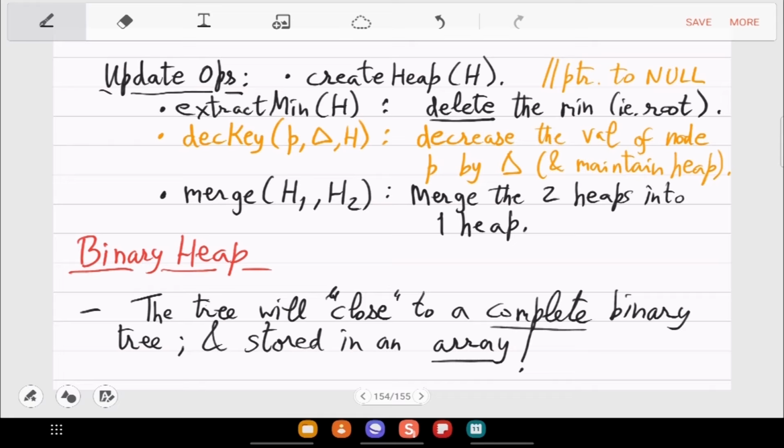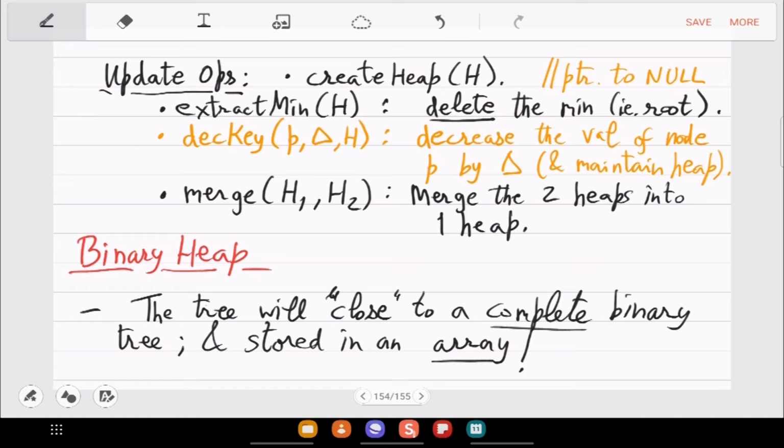So what we want to implement in this DS, what we want is the minimum in the heap, which is the root, and we want to update the heap so that the minimum is deleted. So that is the delete min, extract min operation. Then there is a decrease key operation, which is basically you can pick any node and completely change it.